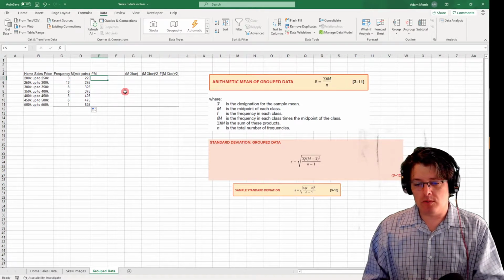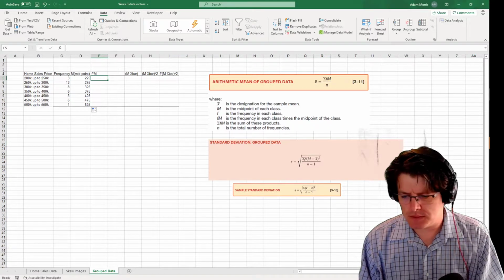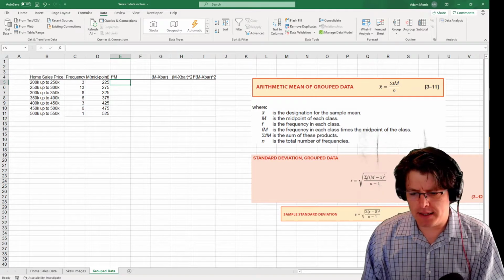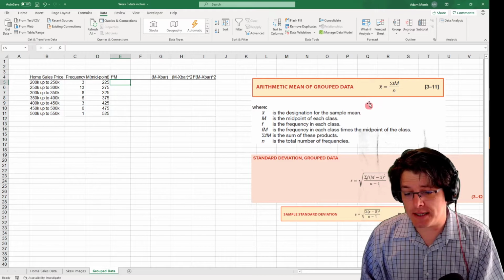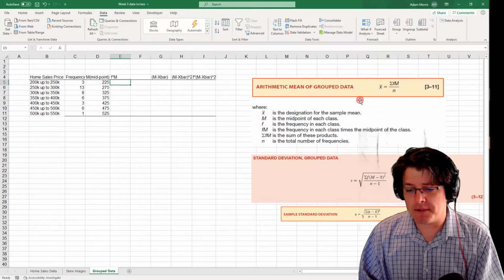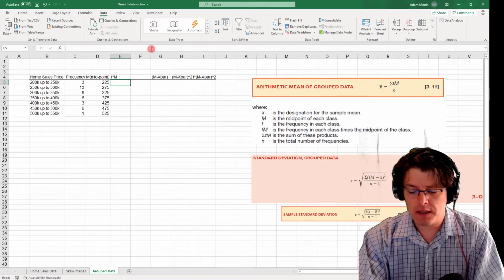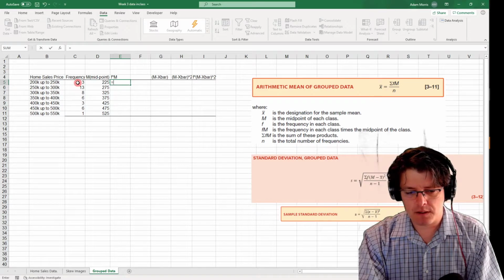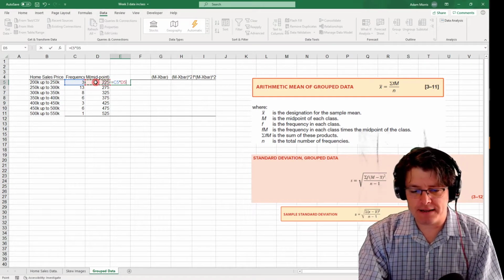And so I have the formulas over here. Quite small. We can zoom in, especially here. So the mean of the grouped data is the sum of f times m, where m is that midpoint and f is the frequency. And so we need to calculate f times m. So in Excel, we can just do 3 times, or C5 times D5.